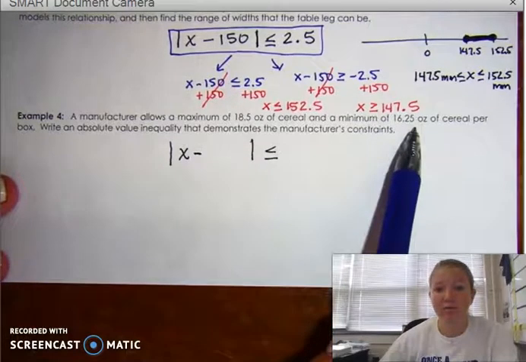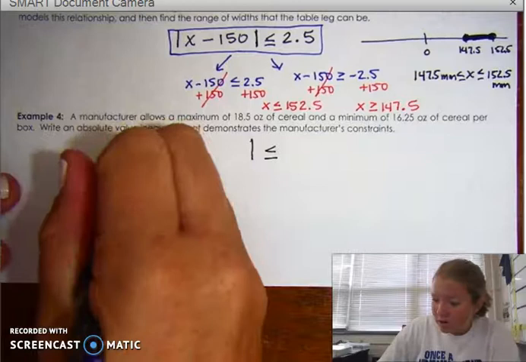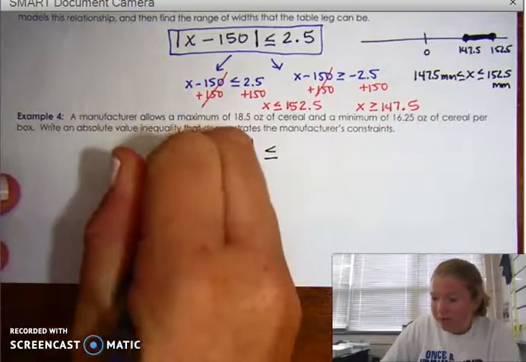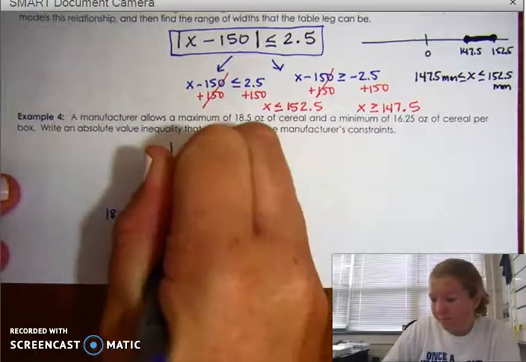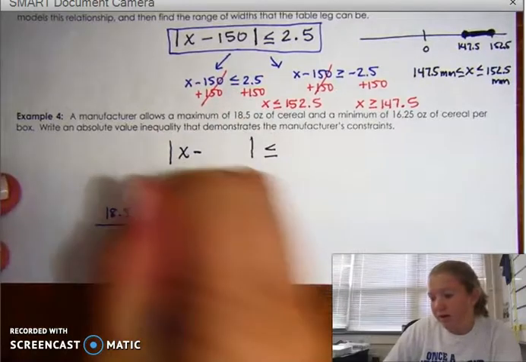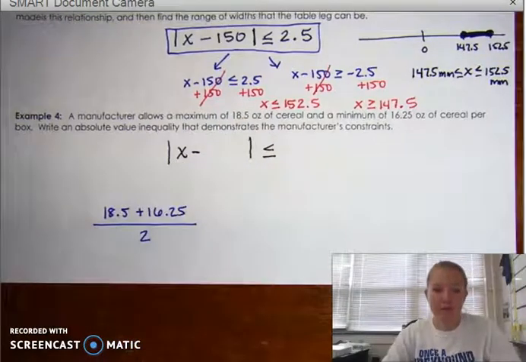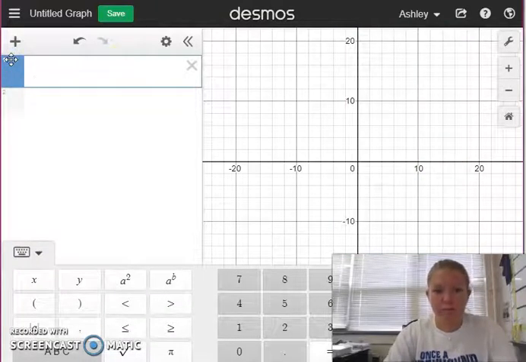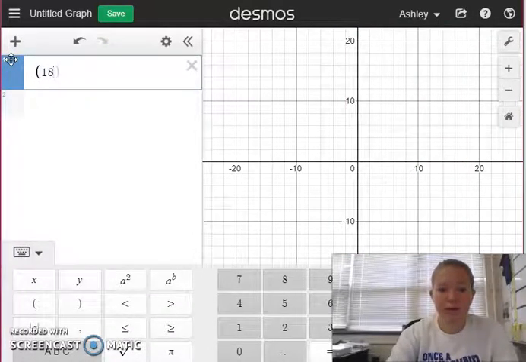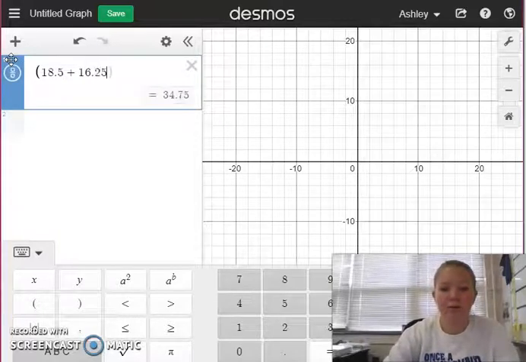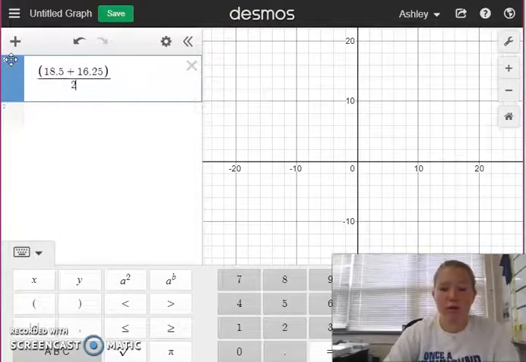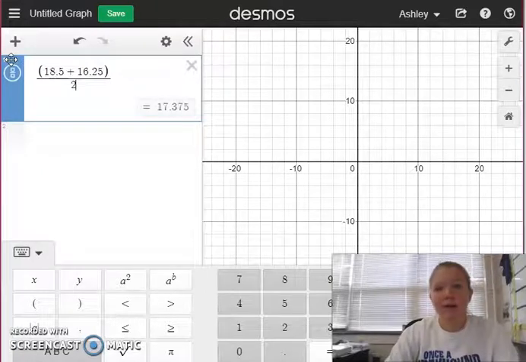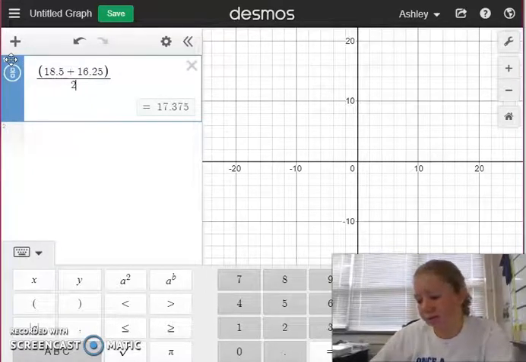So I'm going to find the average. 18.5 plus 16.25, and then divide by 2. And I'm going to type that into Desmos. So I'm going to put parentheses around the 18.5 plus 16.25 because I want that to happen first. And then divide that by 2. I get 17.375.